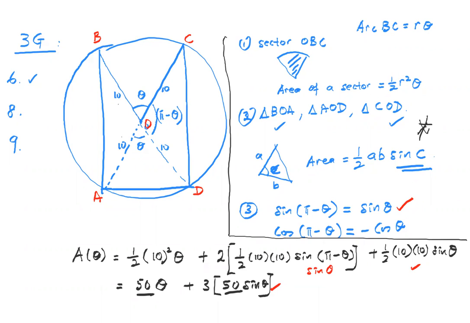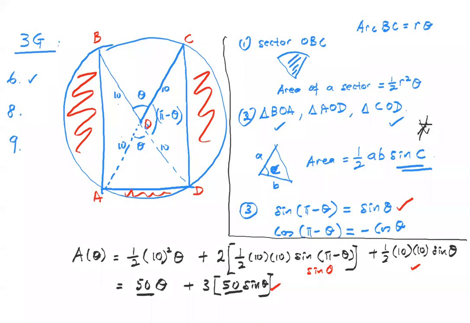I take away this part, and this part. So I use the area of a circle, take away the 3 parts in red. So how to find the one in red?